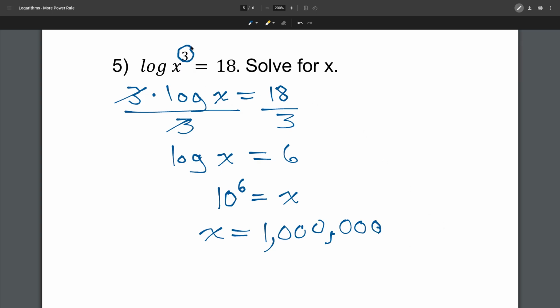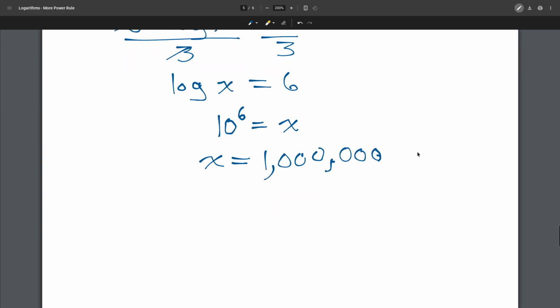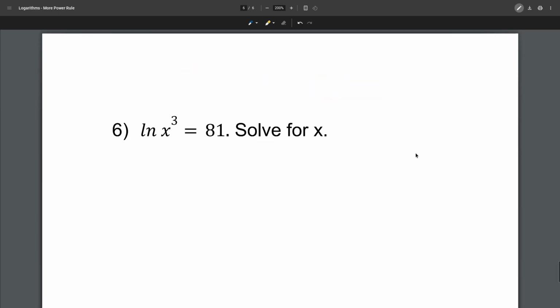Now, if you notice here, this is to the 3rd power, so we can't do negative 1 million, because if we raised negative 1 million to the 3rd power, we'd get a negative value, and we can't take the logarithm of a negative value. So you only have the negative solution when you have an even power there. Okay, let's move to the last problem here.